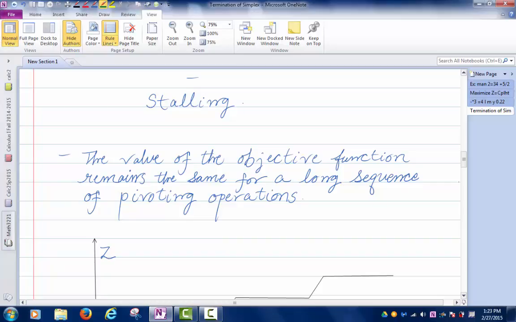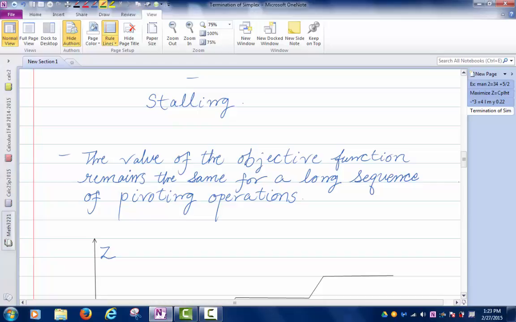Am I making sense? For a long time, so let's say for 200 consecutive or 1,000 consecutive pivoting operations, the objective function remains the same. However, it's not a cycle. After the 1,000th operation, it goes out of that stalling. The value of the objective function increases. So it's not cycling.